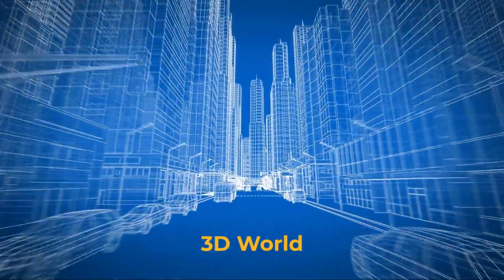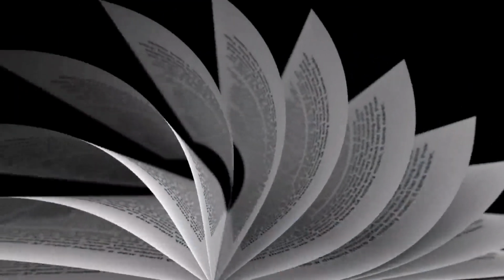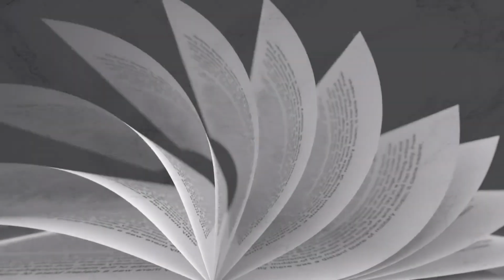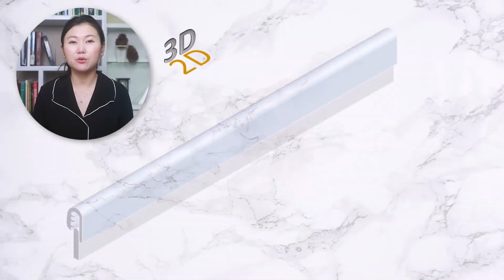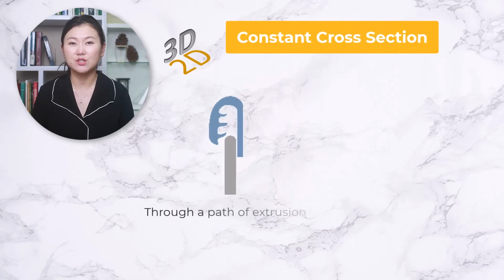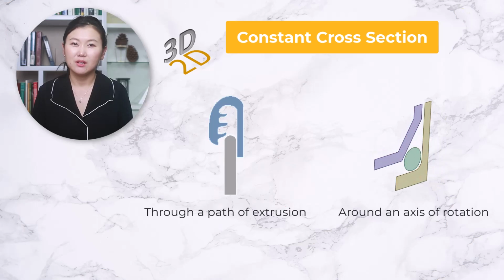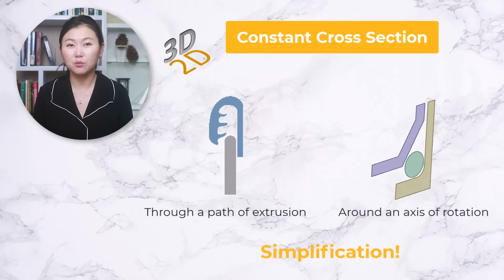In real-life scenarios, everything is three-dimensional. Even a piece of paper has a thickness. A 2D model is reduced from a 3D problem whose cross-section is constant through a path of extrusion or around an axis of rotation. The 2D model is a simplification we made from a real problem.